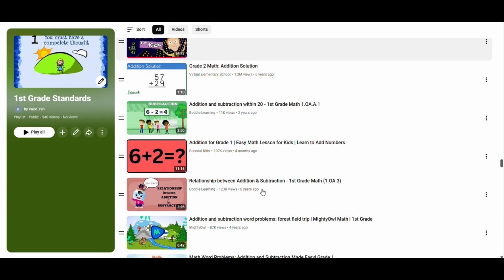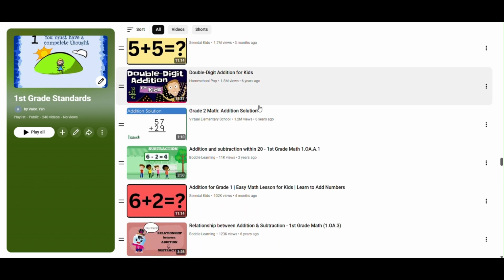Moving on. Again, double digit addition. And here's another little math quiz for double digit addition. This double digit addition for kids from Homeschool Pop is already in the math playlist for kindergarten and pre-K.